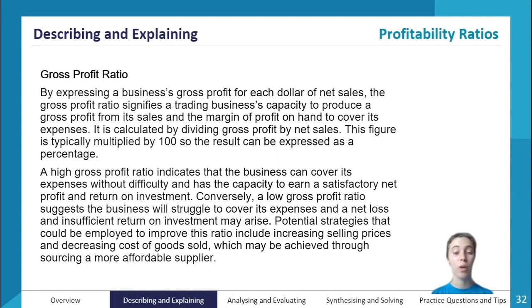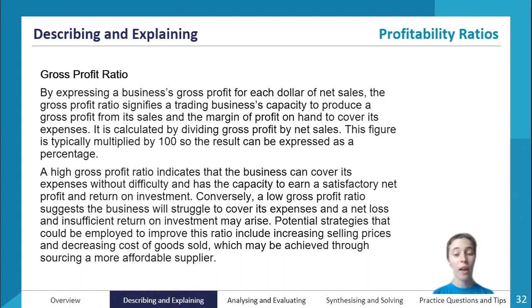So a high gross profit ratio indicates that the business can cover its expenses without any trouble and is able to earn a satisfactory net profit and return on investment. So again, a high gross profit is best here.